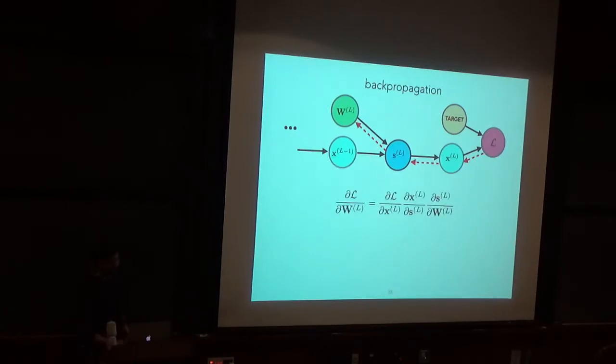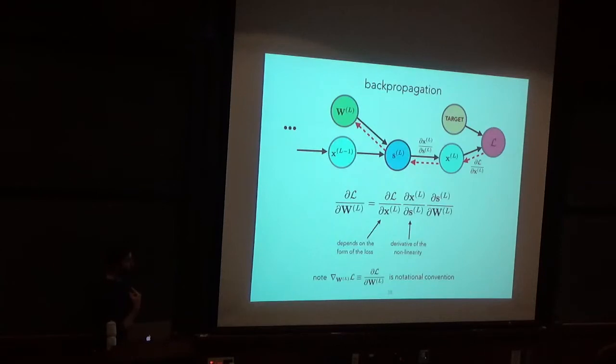And the overall derivative here, dL/dW_L, is the derivative of the loss with respect to our output of our final layer. So this depends on the loss. We have now the derivative of that output with respect to the sum that it came from.